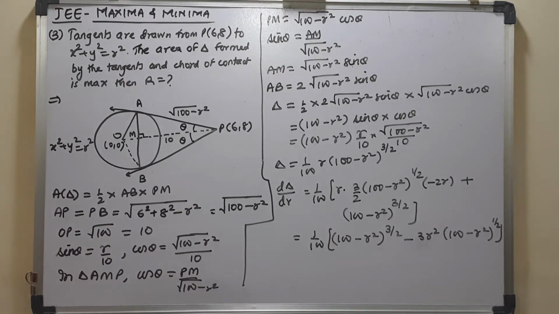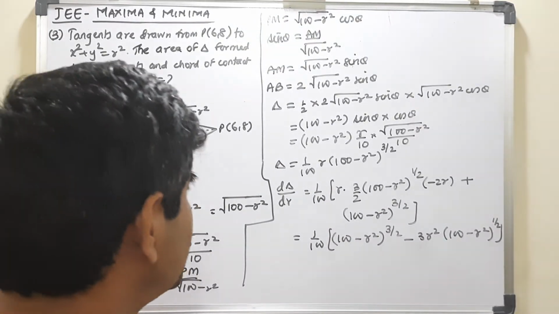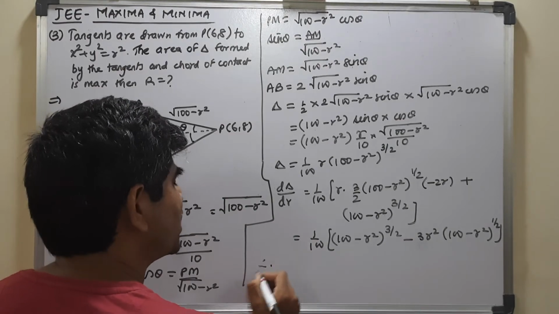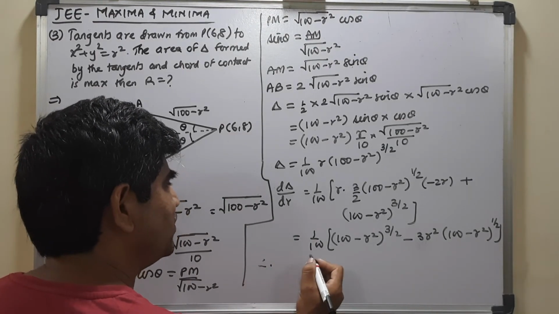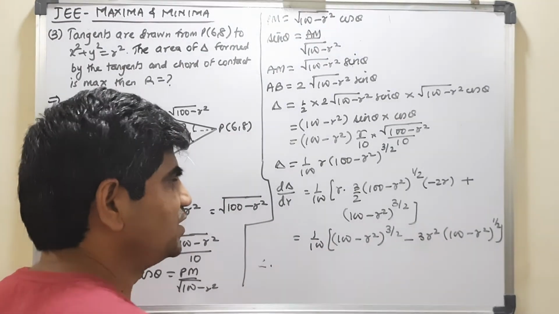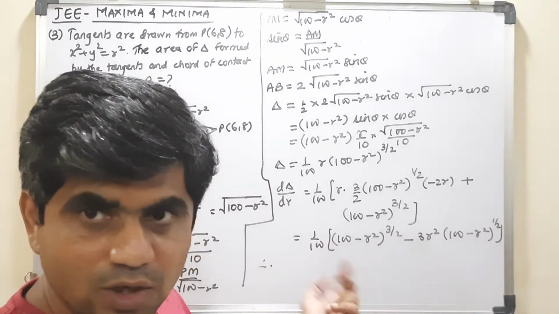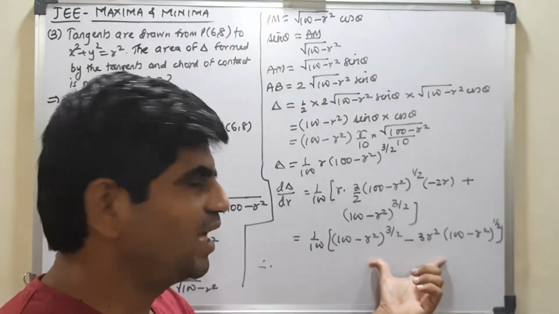Now this value is going to become 0. So for critical points, you will have this complete expression becoming 0. 1 by 100 cannot be 0, so only this can be 0.